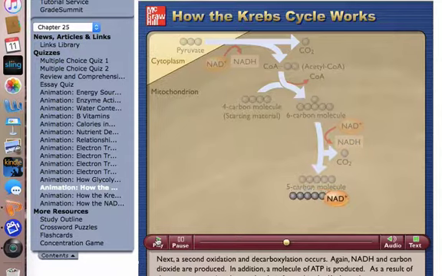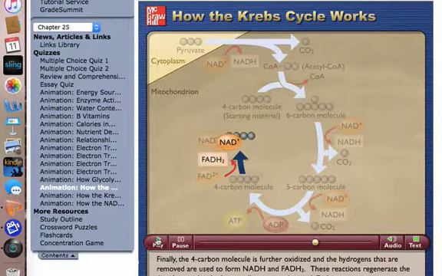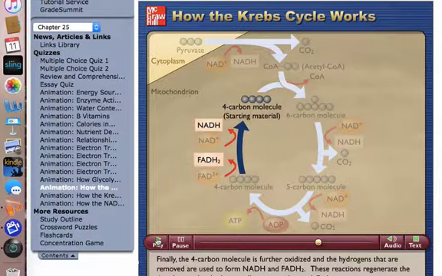Next, a second oxidation and decarboxylation occurs. Again, NADH and carbon dioxide are produced. In addition, a molecule of ATP is produced. As a result of these reactions, a 4-carbon molecule is formed in the Krebs cycle. Finally, the 4-carbon molecule is further oxidized, and the hydrogens that are removed are used to form NADH and FADH2.